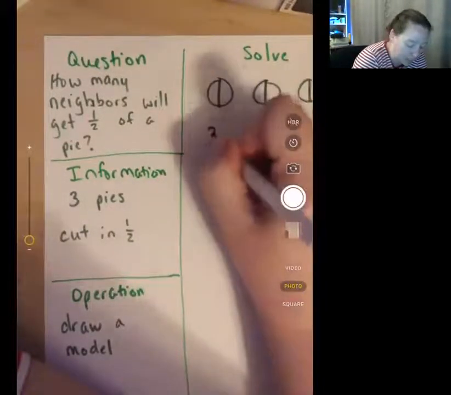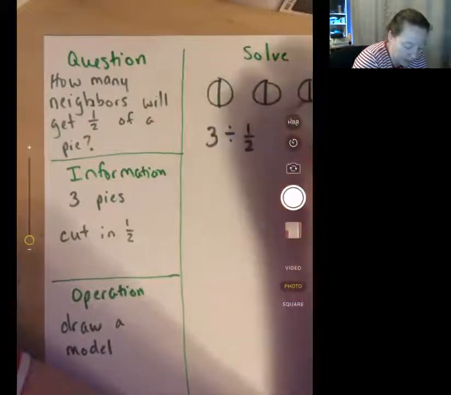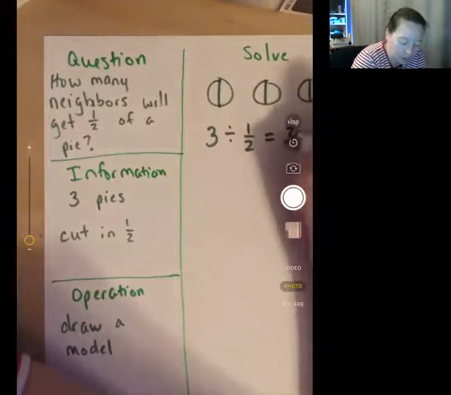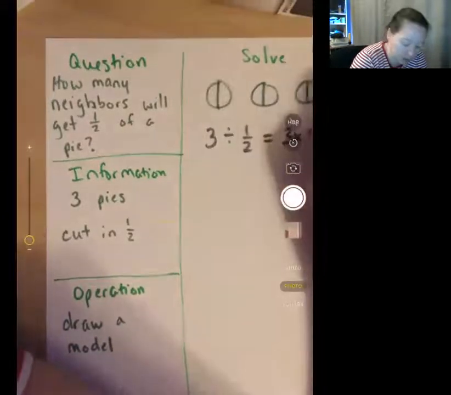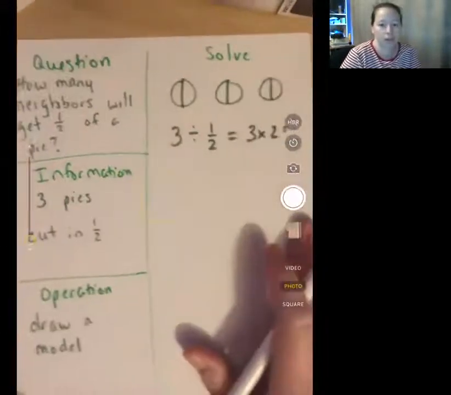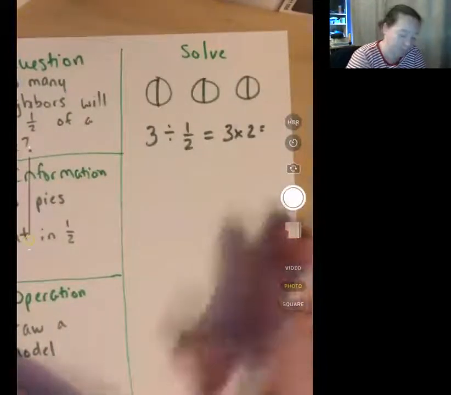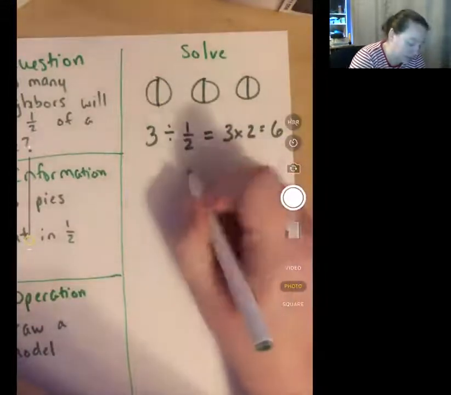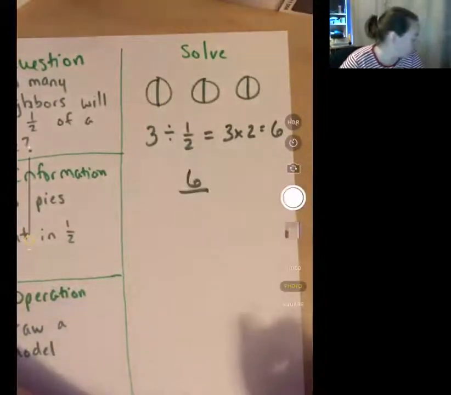And so I end up with 3 divided by 1/2 is equal to 3 times 2 in each part. And 3 times 2 is 6. So we end up with 6 neighbors will get 1/2 of the pie.